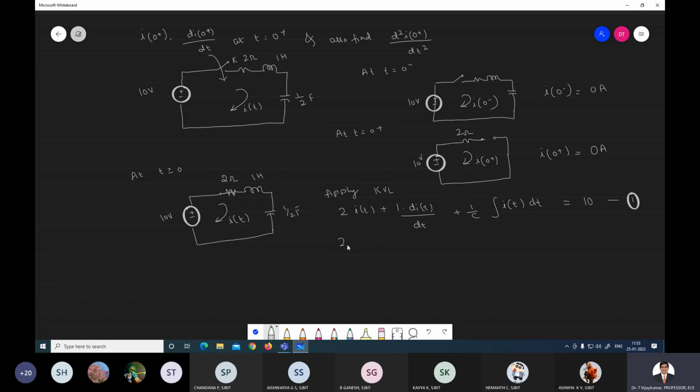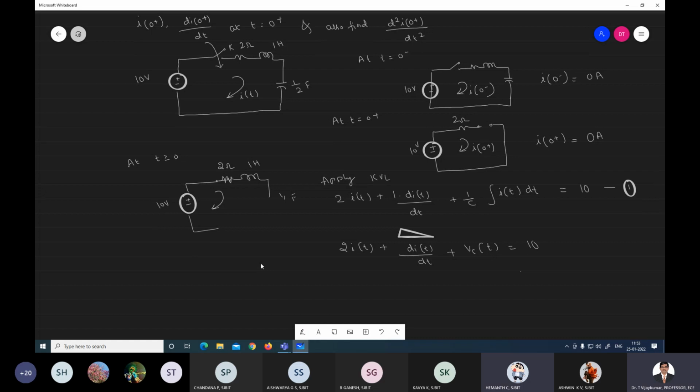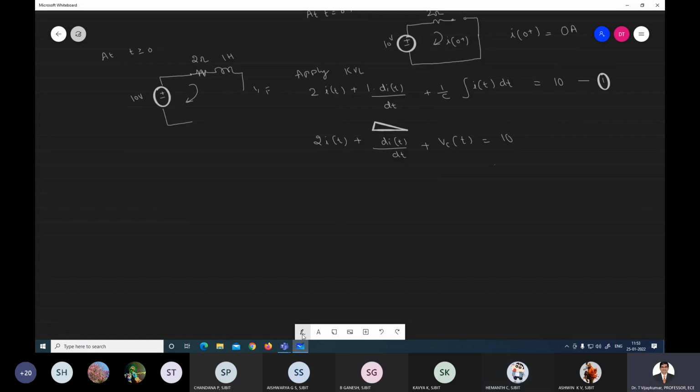Now we can write 2 into i(t) plus di(t)/dt plus the voltage across the capacitor, equal to 10. Sir, is the answer 10 amps per second? Wait.